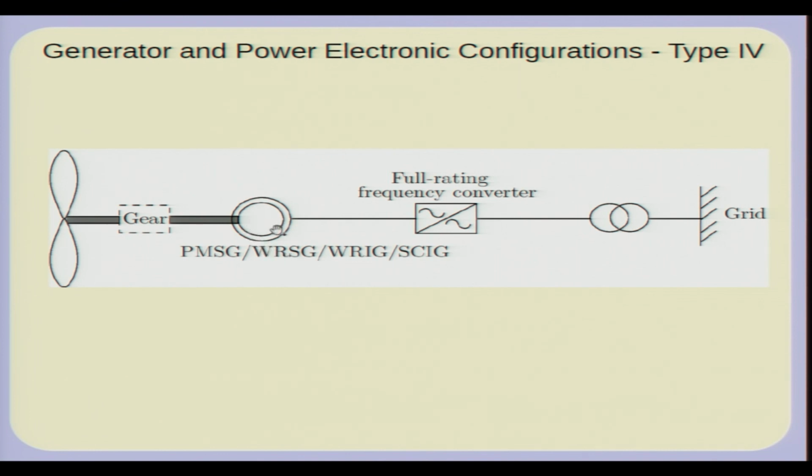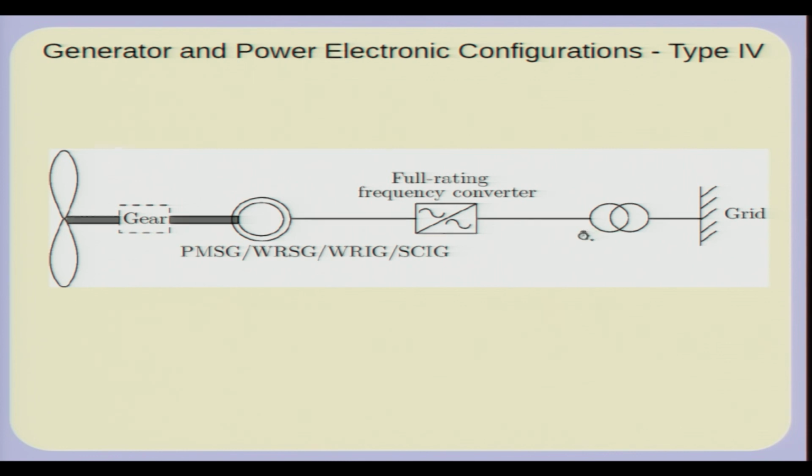This could be a generator of a low speed design. You could possibly not have a gear, it depends on the design of course, because you can have a full rating frequency conversion which comes in the path, it just kind of decouples the frequency of the machine from that of the grid.